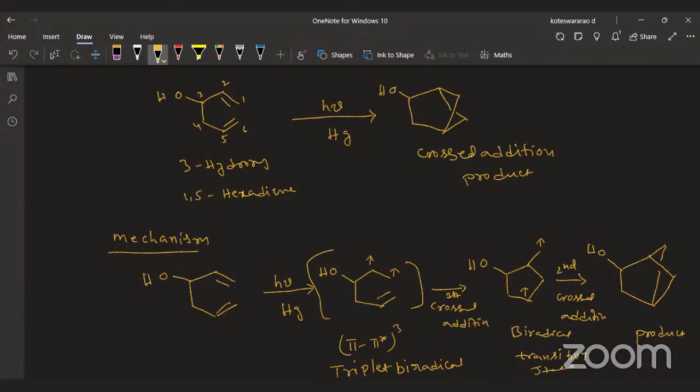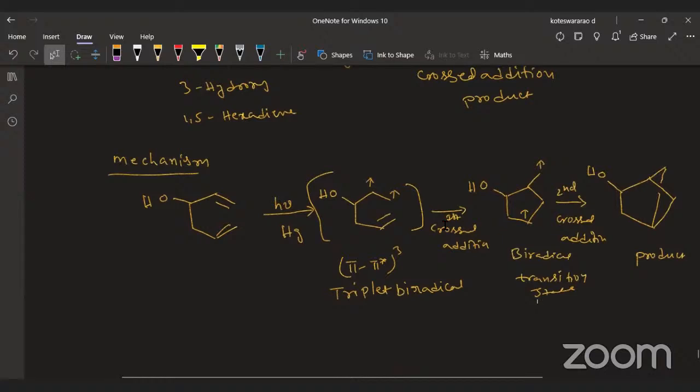This is the general mechanism involved in the intramolecular cross-reduction reaction.